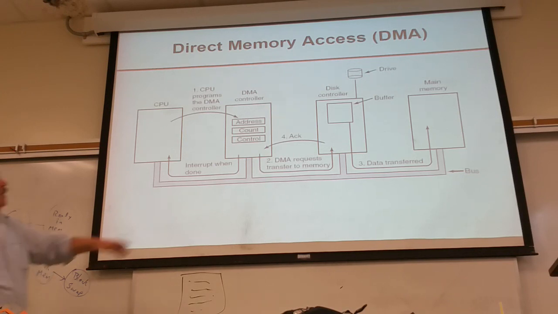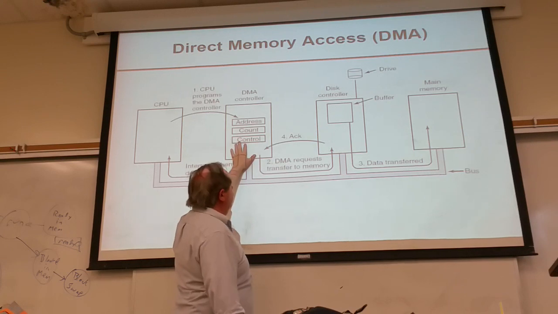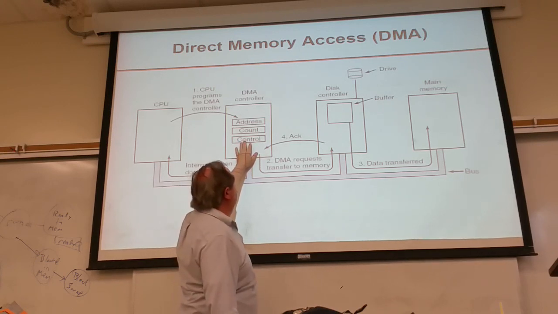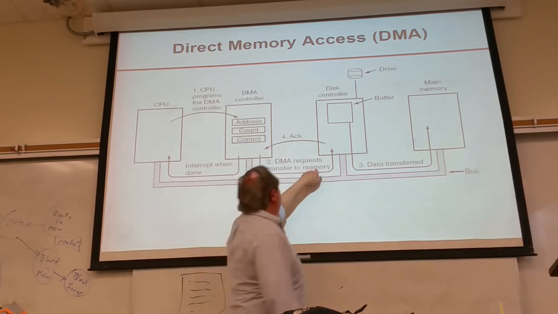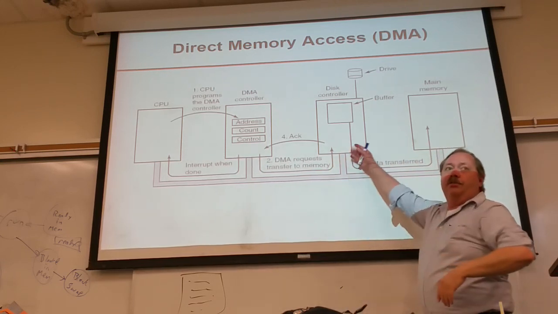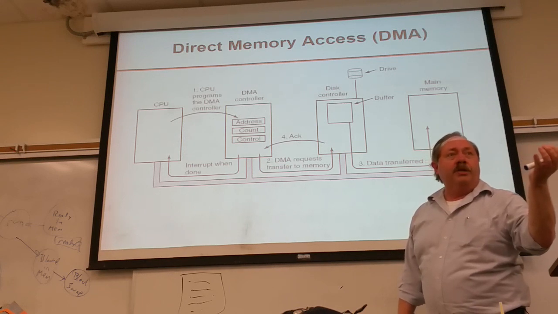So it initiates the DMA controller. The DMA controller takes over all the I/O transfer at this point. The CPU is free to go off and do other things if the programmer is smart enough to do that. The DMA controller then talks to the device. In this example, here's the disk controller, and it's waiting for the ready status word.